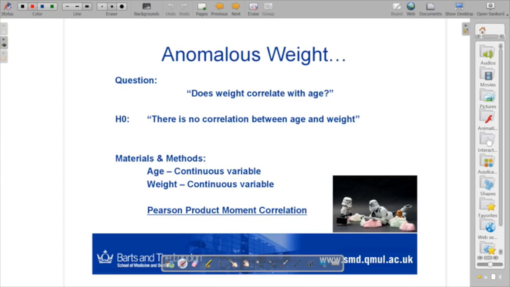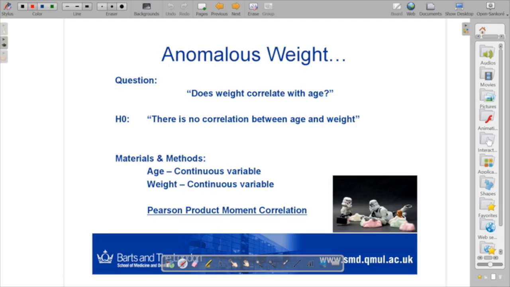And so we perhaps want to expand on our question a bit more and set up some further research. And so we might propose that actually the variations in weight that we see in our military personnel are just down to age. They're simply down to age.